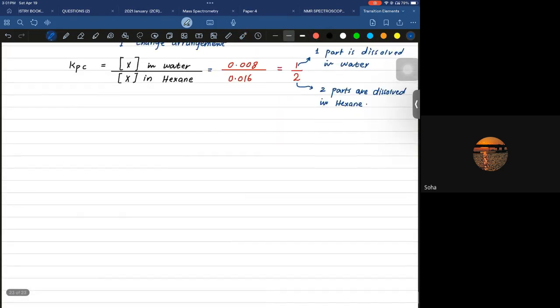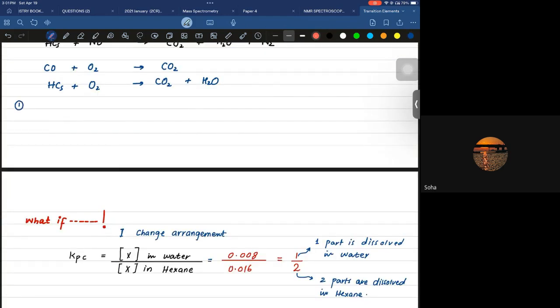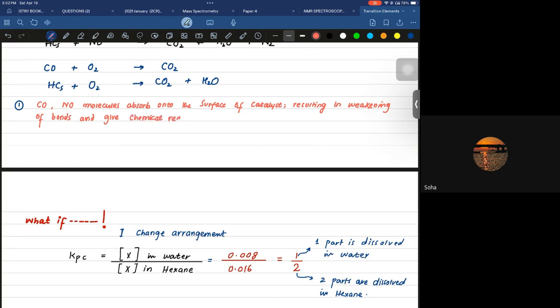Step number one says that CO and NO molecules adsorb onto the surface of the catalyst, resulting in weakening of bonds and giving a chemical reaction.